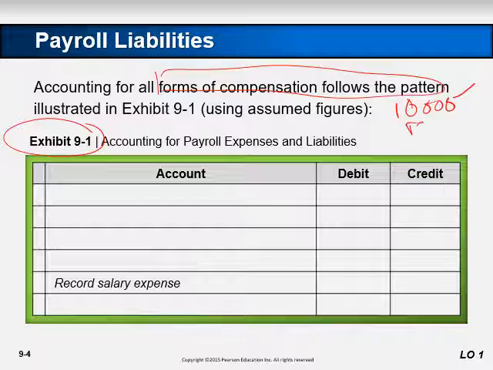You cut some taxes, some pension or retirement requirements, and for every country it is different. For example, pension fund, gratuity fund, and then at the end you pay him 8,000. So this 2,000 is the other stuff, and the payment is 8,000, which is different from the salary expense.